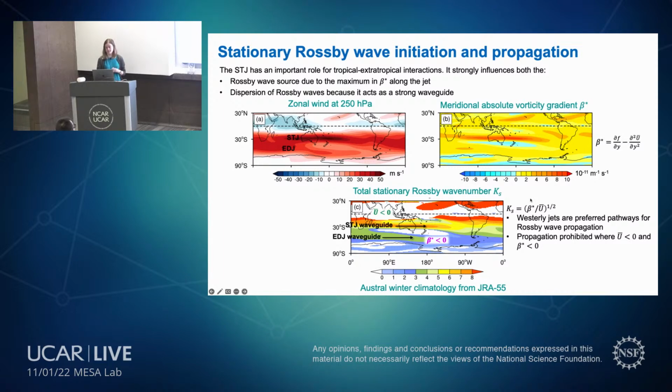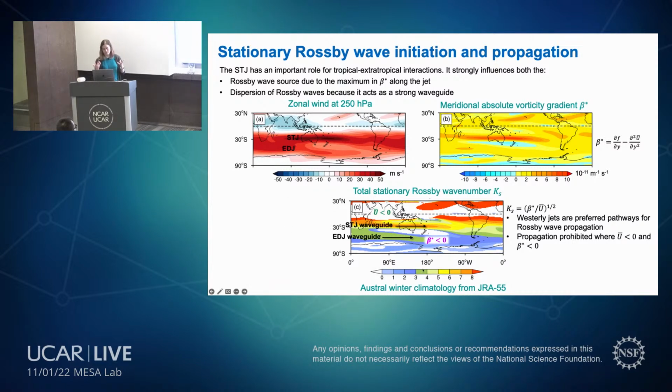And so this relates the meridional absolute vorticity gradient to the zonal winds. So what we see by looking at this plot of the meridional absolute vorticity gradient beta star is that there is this maximum in beta star, which coincides with the core of the subtropical jet. So where we have the subtropical jet, we tend to get Rossby wave generation.